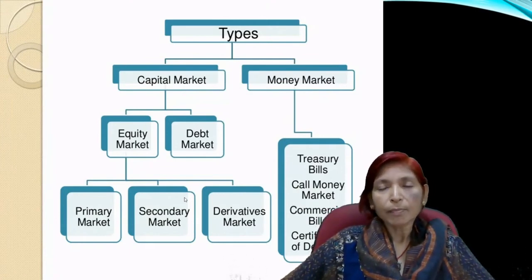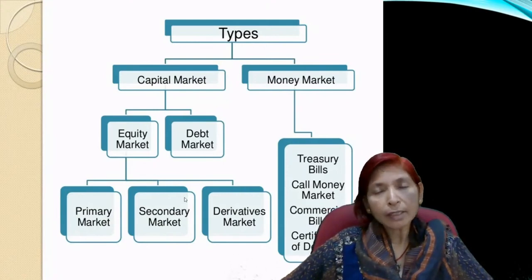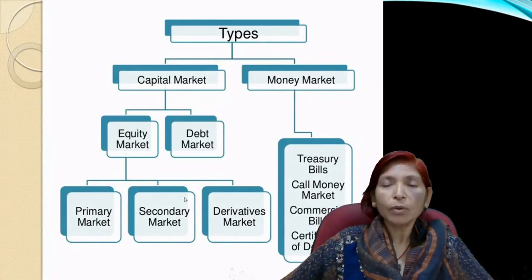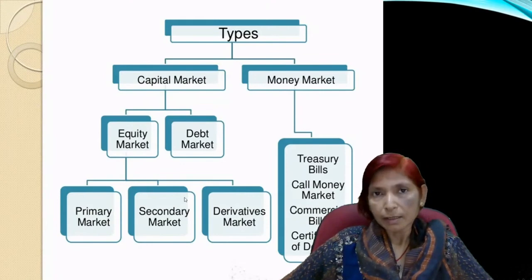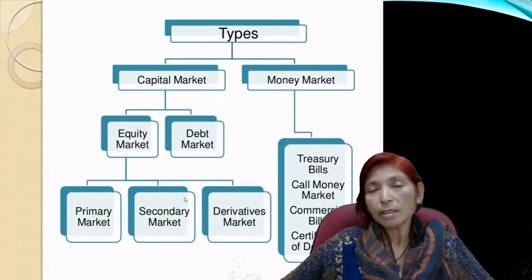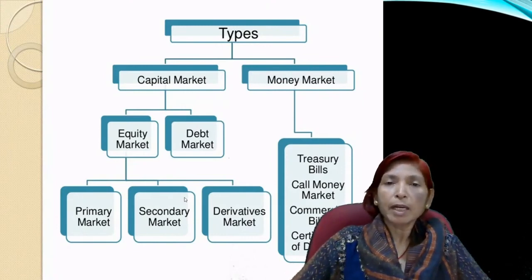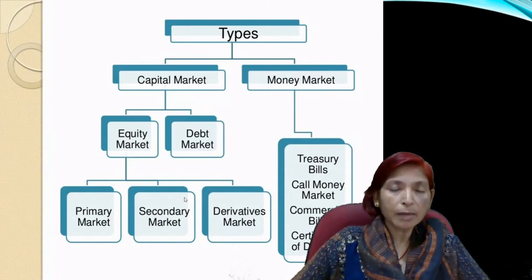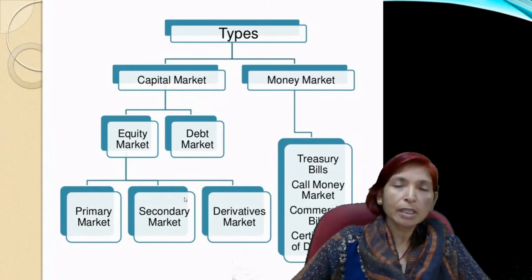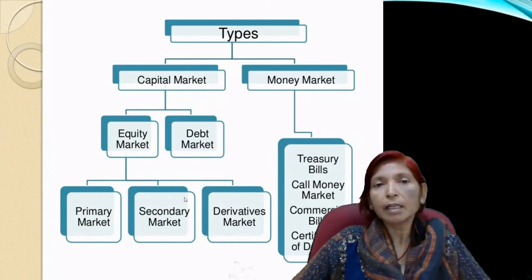All the things related with a short time period are included in the money market, because the money market deals with short-period funds, and capital market is related with longer-period funds, in which equity and debt are included.